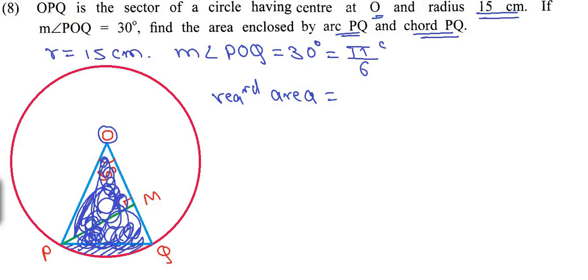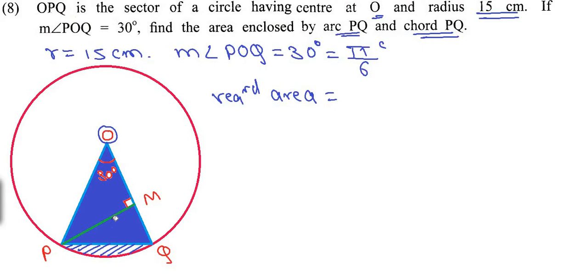Now this is the total area of the sector, that is area of sector OPQ, minus the area of triangle. The triangle is this much only, the area of triangle in dark blue color. So the leftover area is the required area.